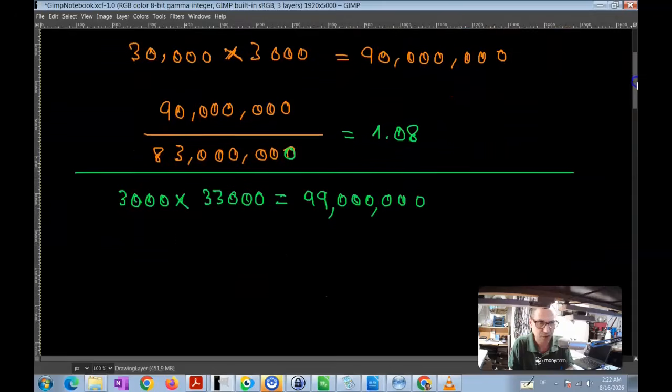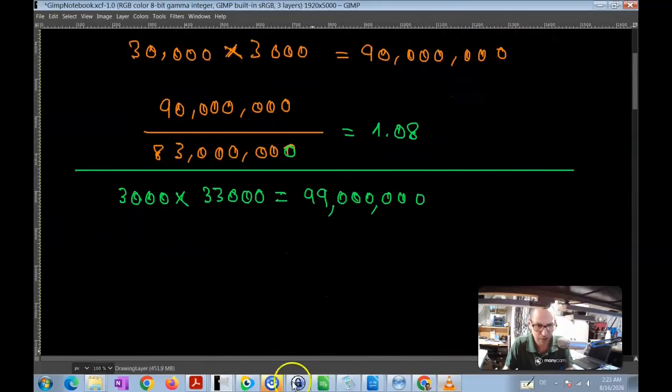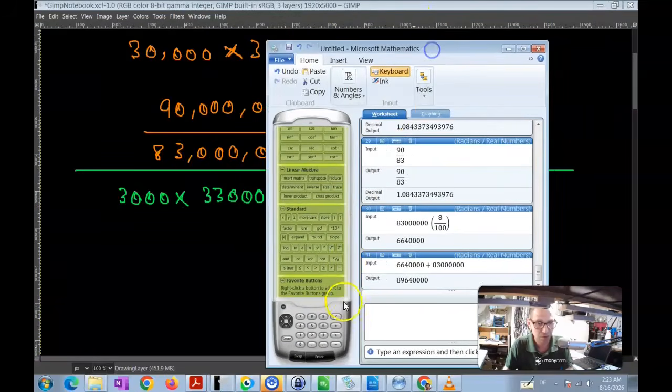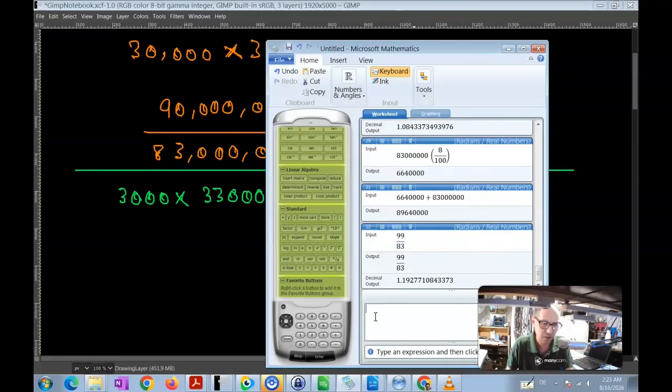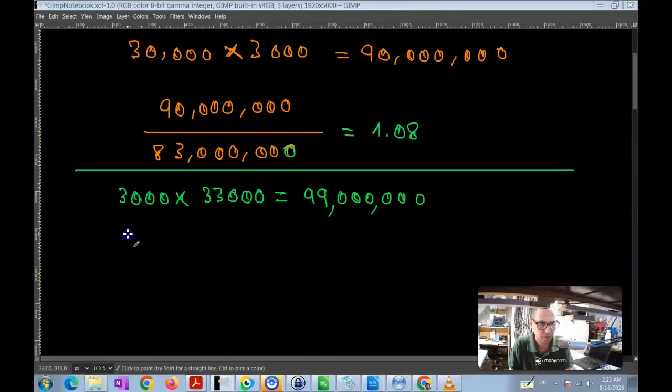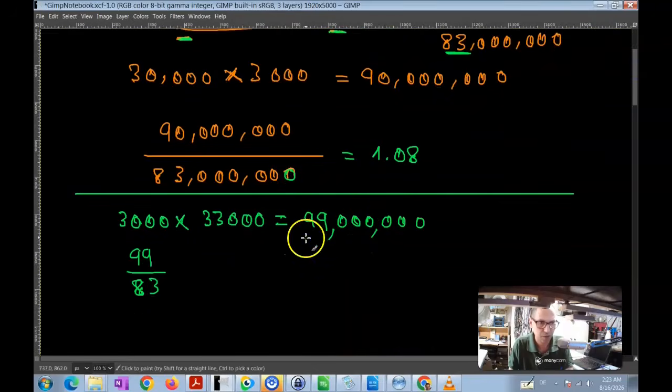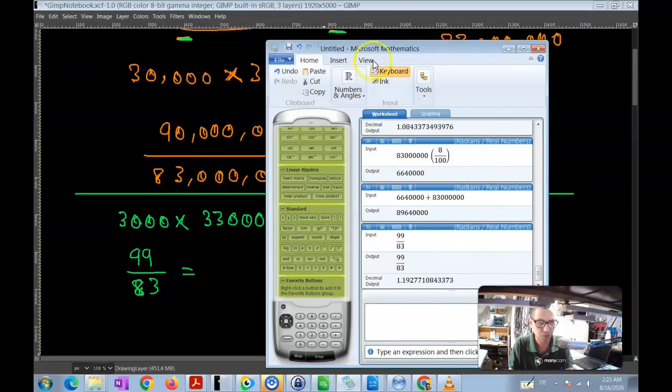Now if I write 99 million divided by 83 million, that gives me 1.19. So the 83 million was the actual number that we were supposed to get, right? And we got over here 99 million. That gives me 1.19, right?